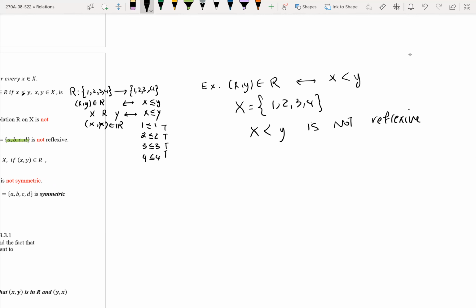You can bring one counterexample because 1 is not less than 1. This is false. But the previous one was with the equality sign. 1 is less than or equal to 1, that's a true statement. But 1 less than 1 is a false statement.